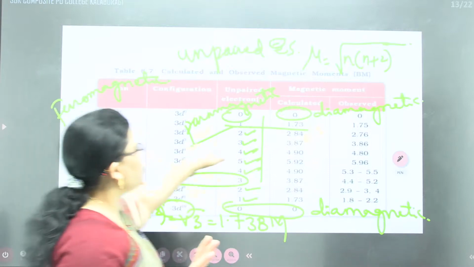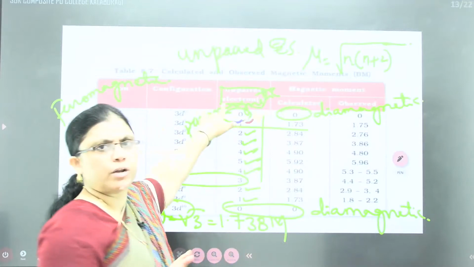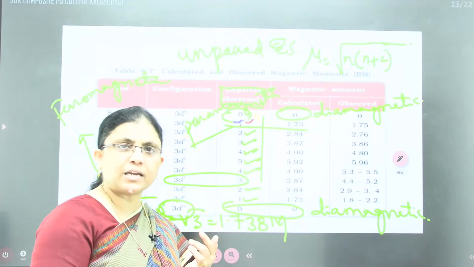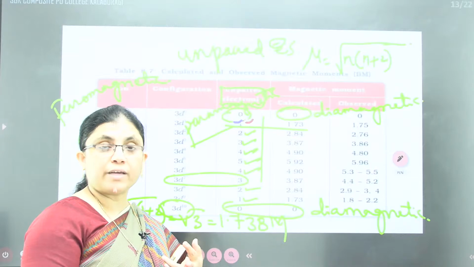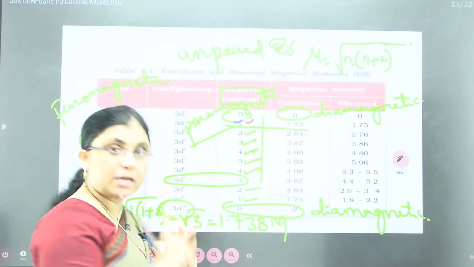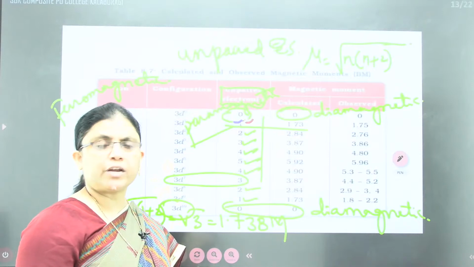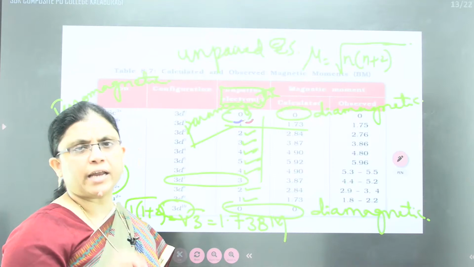This point is very, very important, because n only will decide many of the characters. It decides metallic character, oxidation state, enthalpy of atomization, magnetic behavior, colored character, even variable oxidation state. Many things can be decided on the basis of n.